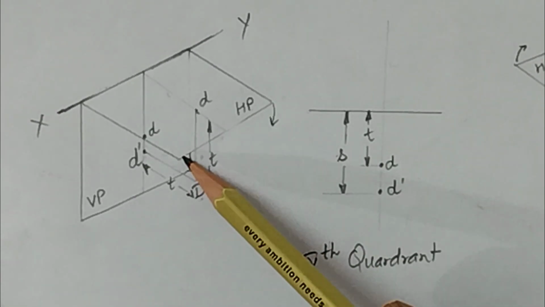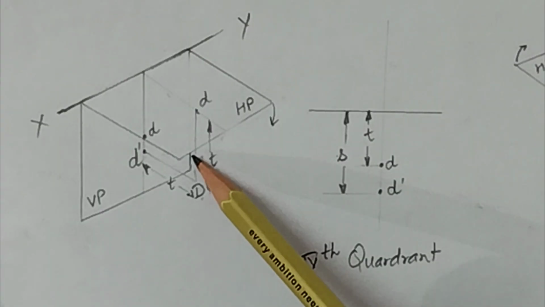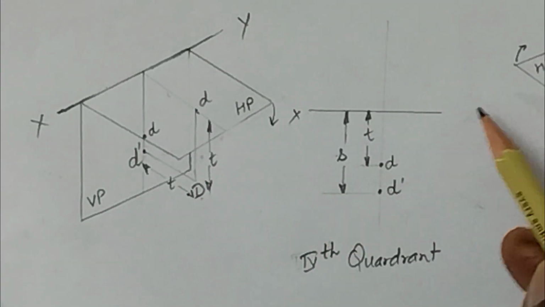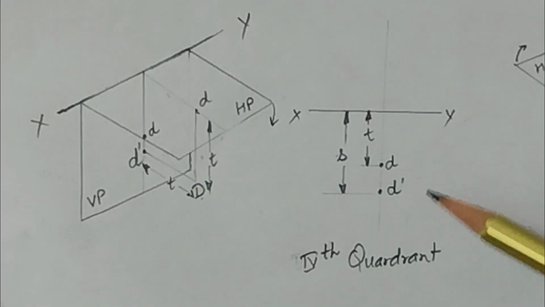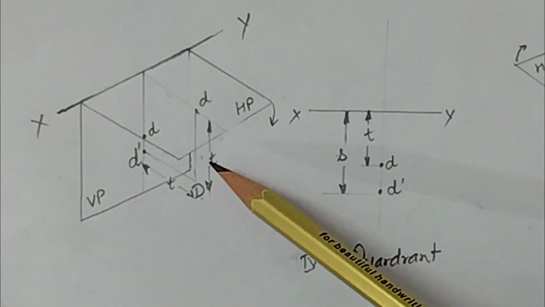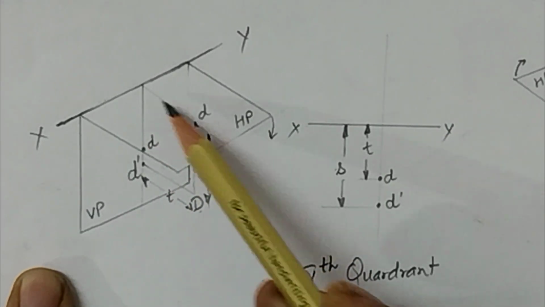In the same way we have to rotate this horizontal plane. When we rotate this horizontal plane, it will now overlap with the vertical plane. In the same way we represent this on the two-dimensional sheet. First of all, this top view D. You can see here, this is your projector line.